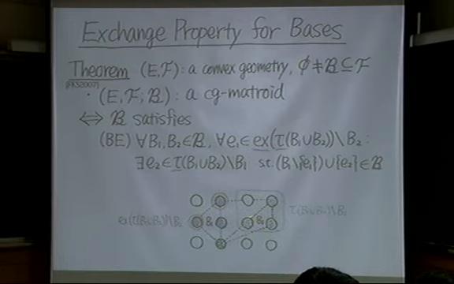So this is the exchange property for CG matroid, and I remark the remarkable difference between ordinary matroid and CG matroid is here. In an ordinary matroid, the element E2 is always in the other base B2, but in this case, we cannot say that E2 is in B2.